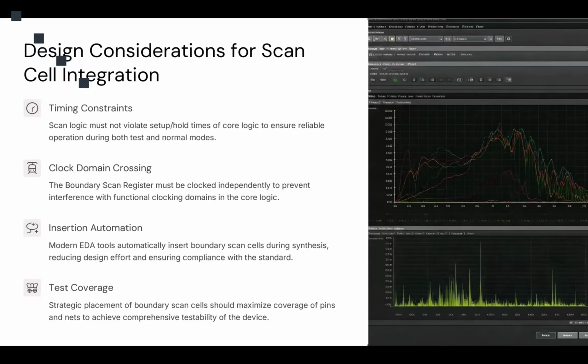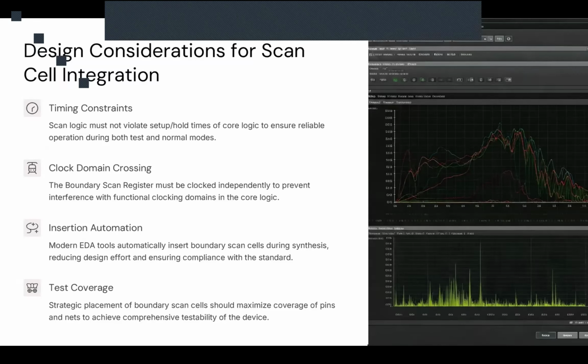It's automated, so this automation reduces the effort, reduces human errors, and ensures consistent implementation of these configurations with the standard. It's very important to keep in mind that the whole boundary scan cell insertion should be automated, not manually handled.